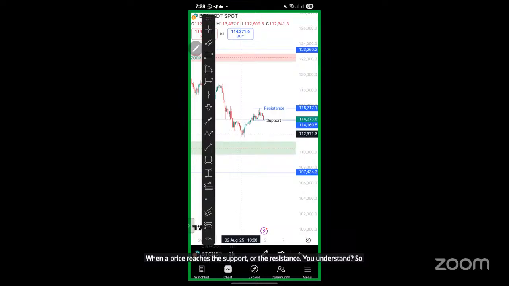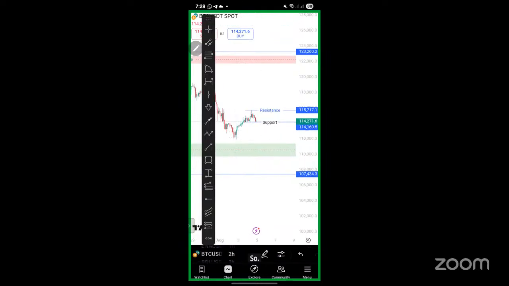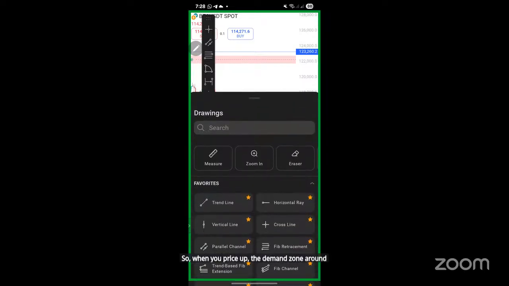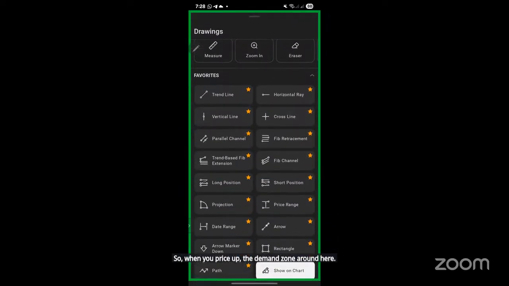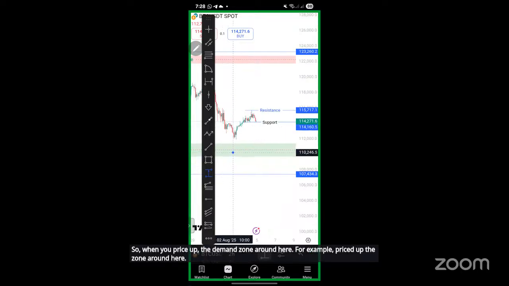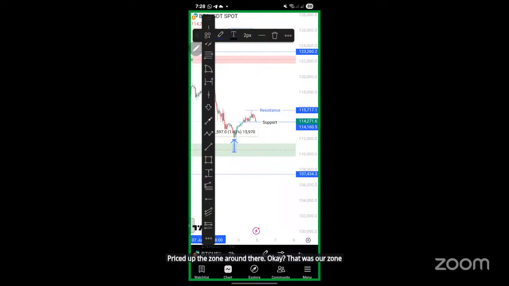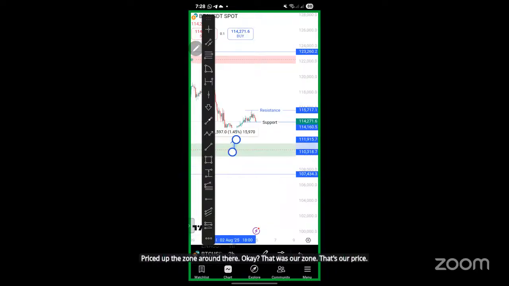So here price came and tapped the demand zone, around here. Okay, that was our zone. That's where price tapped.